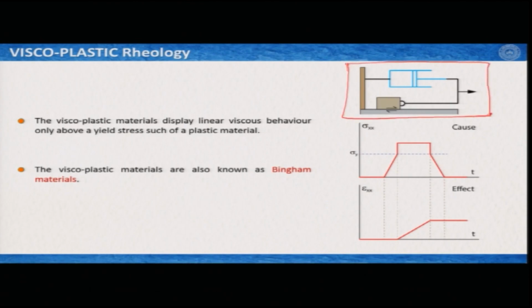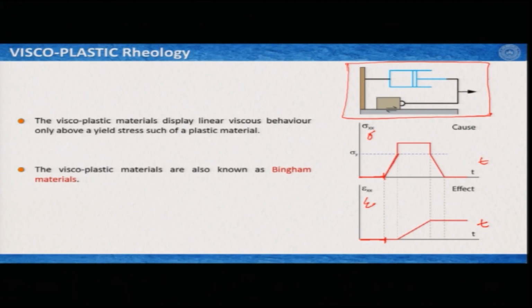So, what is happening in this case? If I try to understand these two illustrated plots, this is sigma versus time and strain versus time. So, the stress is 0, strain is 0, and then I start slowly applying the load.